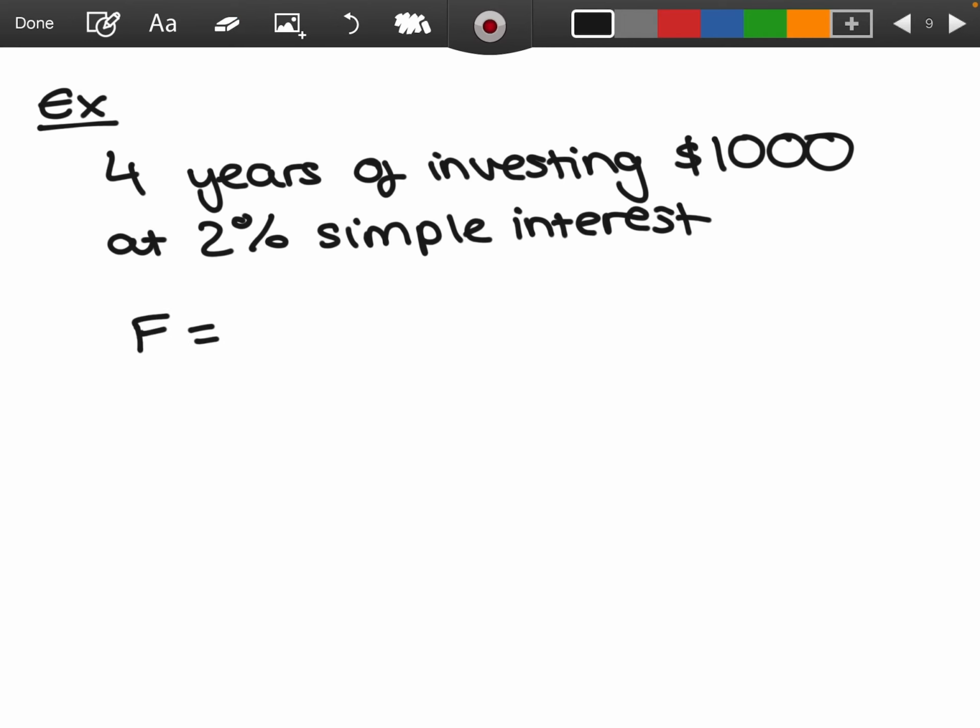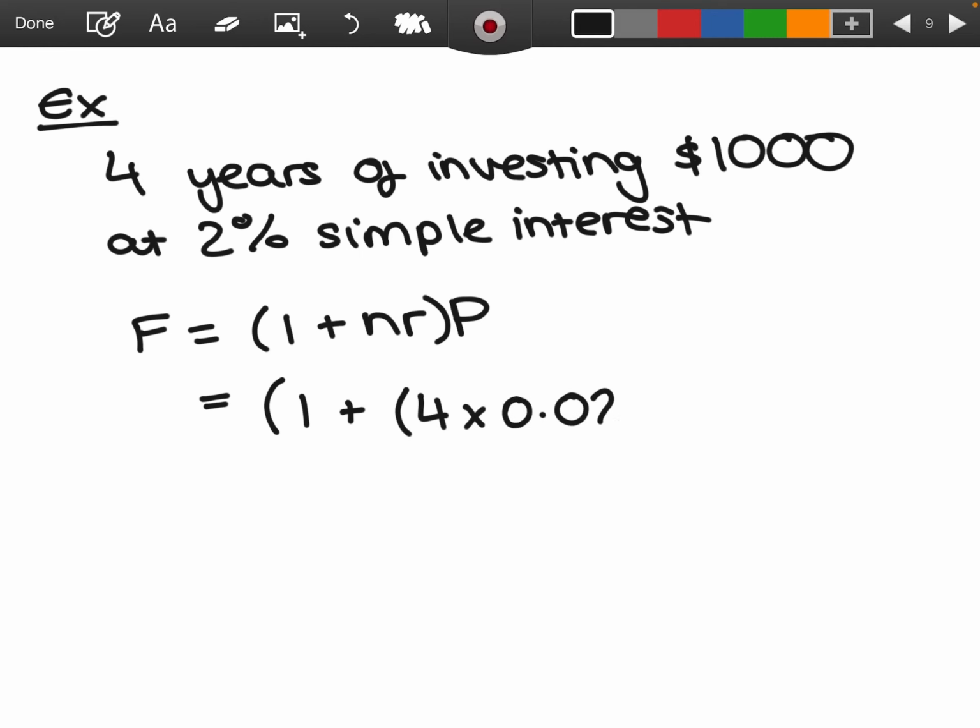So after 4 years of doing this 2% simple interest on $1,000, how much do we get as our future value? Okay, well, we said it was 1 plus n times r times our principal value. Okay, well, after 4 years of investing, n is 4. Your rate as a decimal is 0.02.